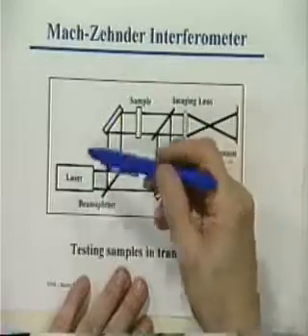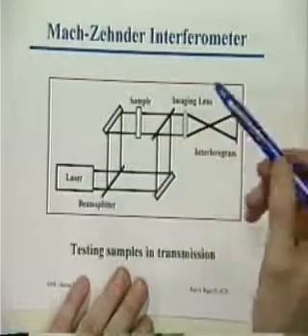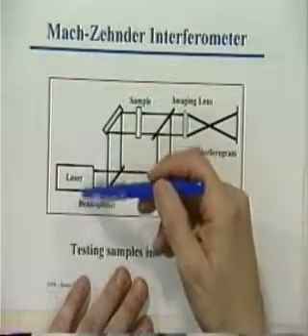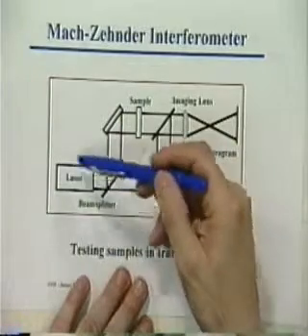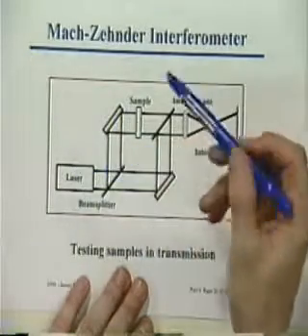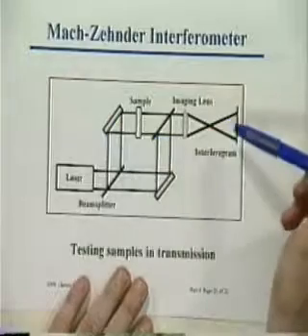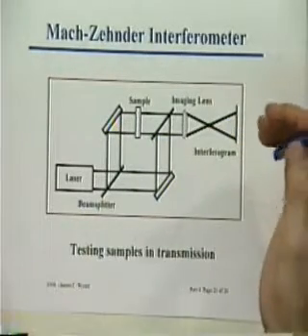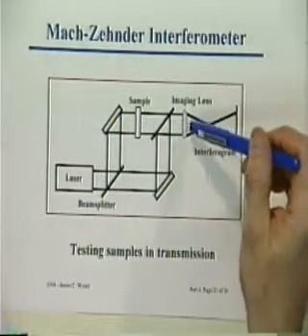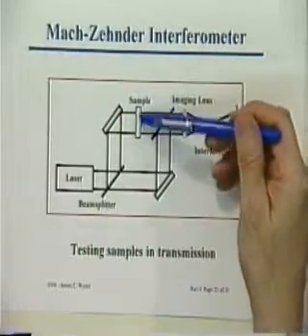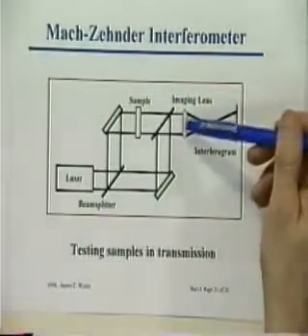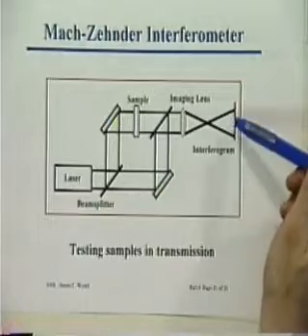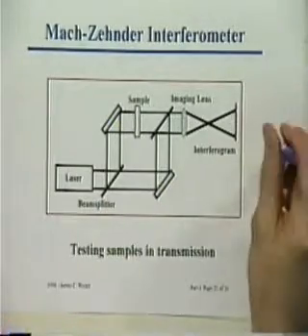Back in the olden days when they didn't have a laser, to get a fair amount of light they couldn't use a point source, so they used an extended source. Now the fringes would be localized someplace. You'd like to get the fringes localized in the same plane as the sample, because you'd like to image the sample and see the fringes at the same time.